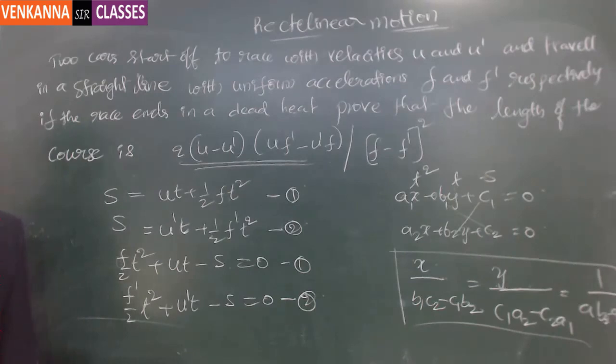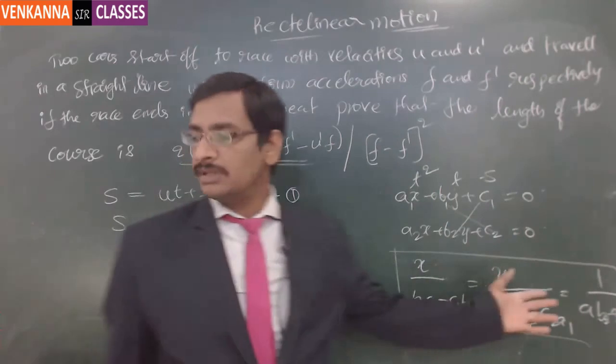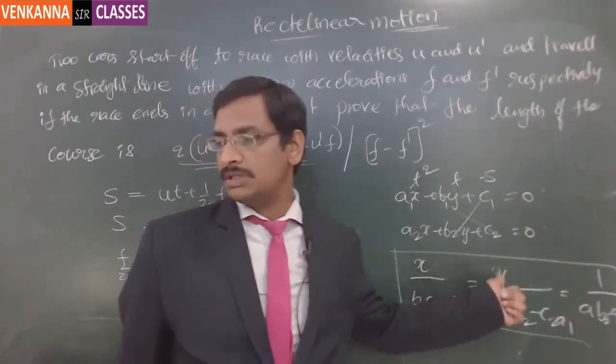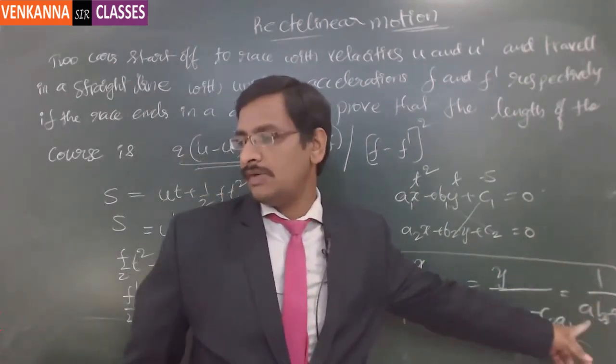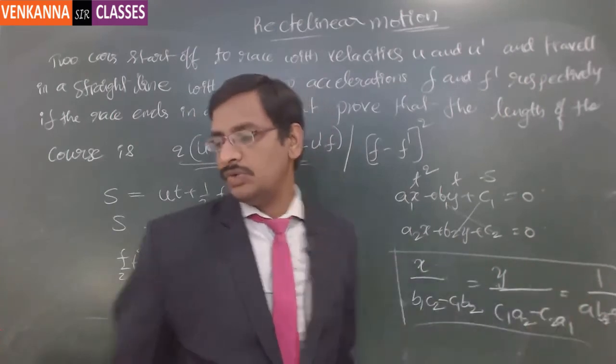Got it? Now you can solve it, I think. So try to put it in this equation. This is t square, this is t, and this is simple 1, divided by this value we have to put.